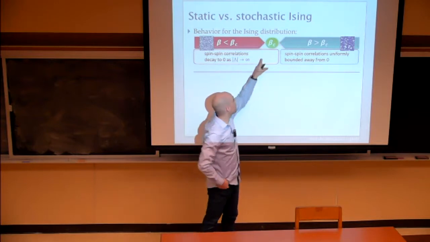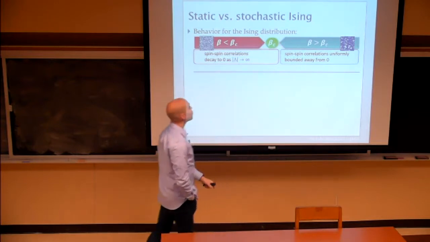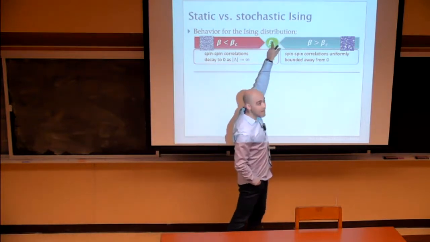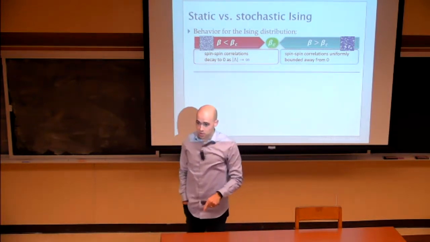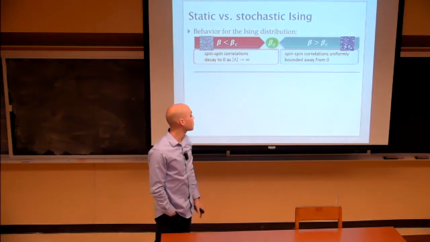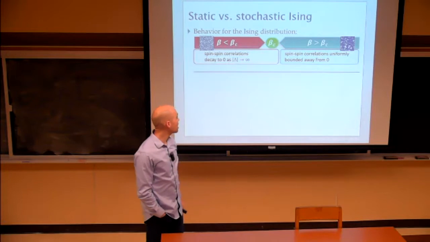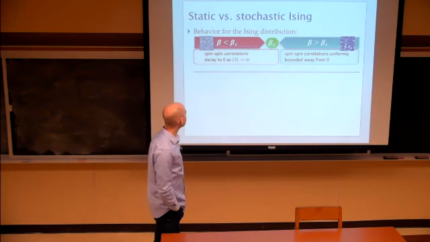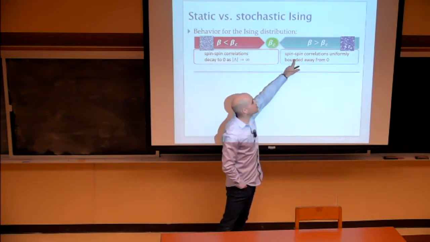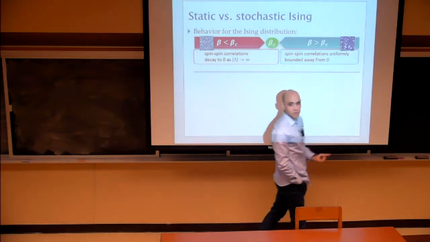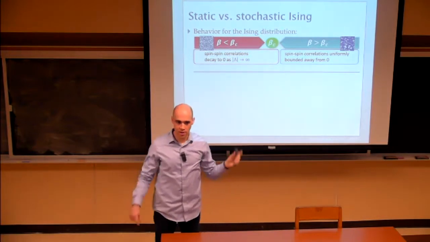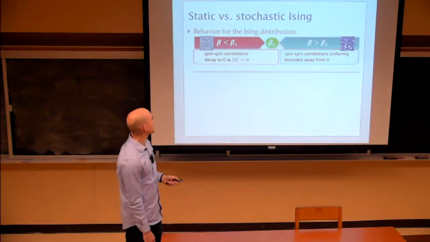But I should say that already just showing that, for instance, in 3D there is an actual decay to 0 was a major open problem that was settled only a few years ago by Duminil-Copin, Raoufi, and Tassion. Okay, and at low temperature, you do not lose your correlations. We'll say something about that soon.